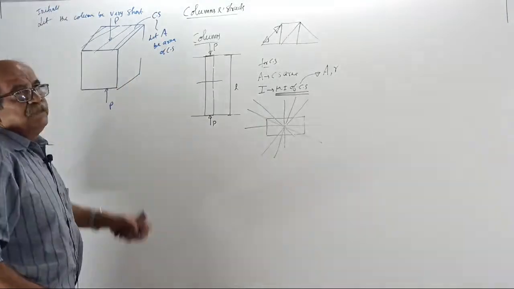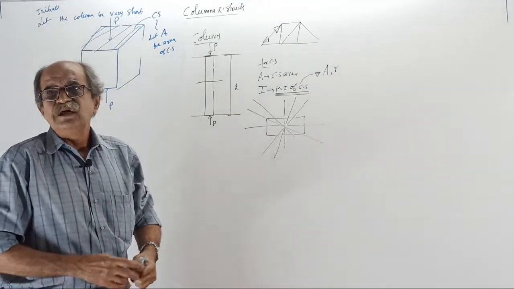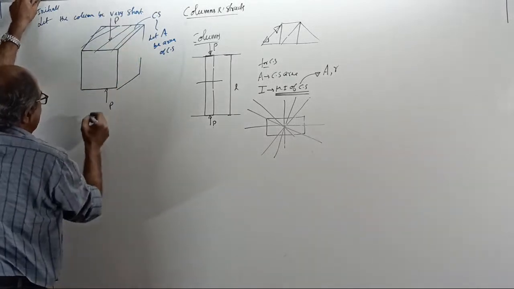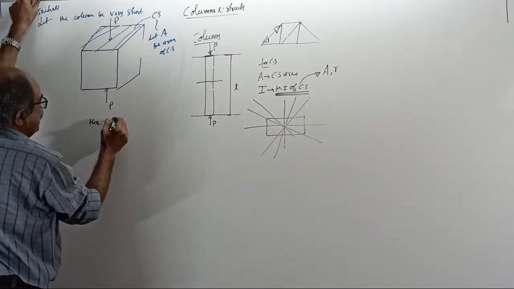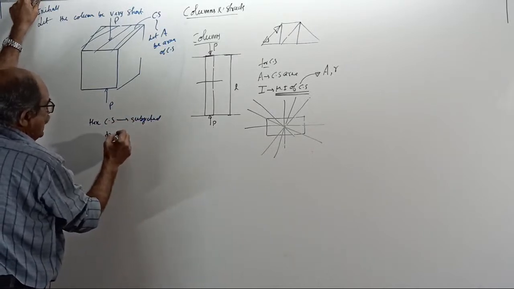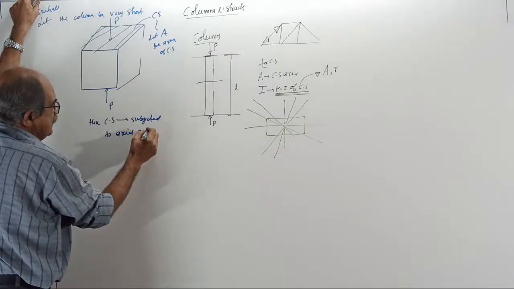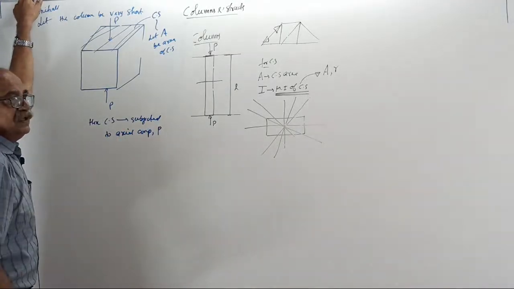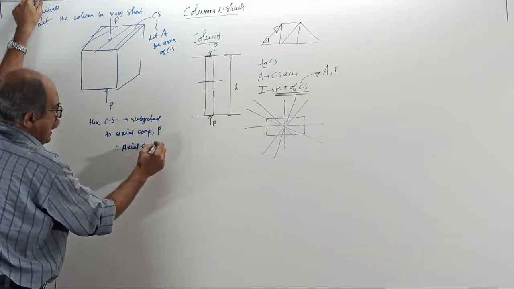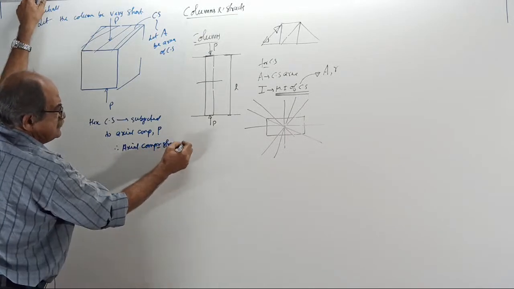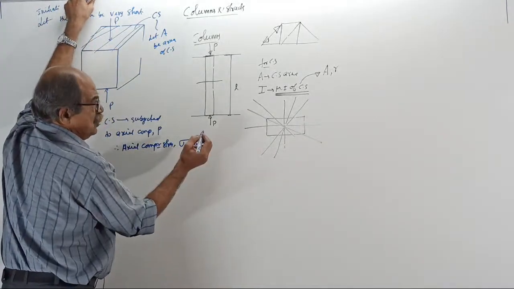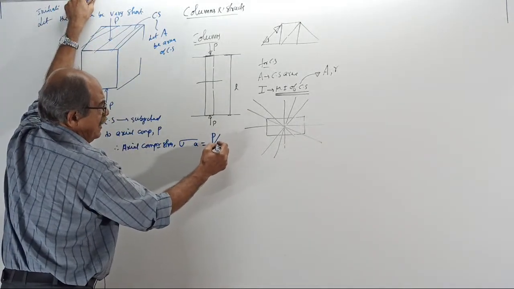Now, if the member is very short, then what will happen? The cross section will be subjected to axial compression, say P. Therefore the axial compressive stress, say sigma A, I will call equal to force divided by area.